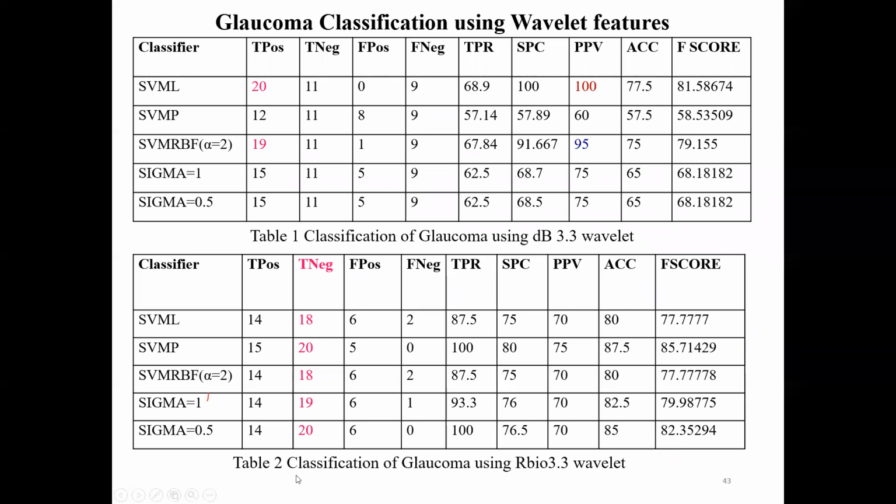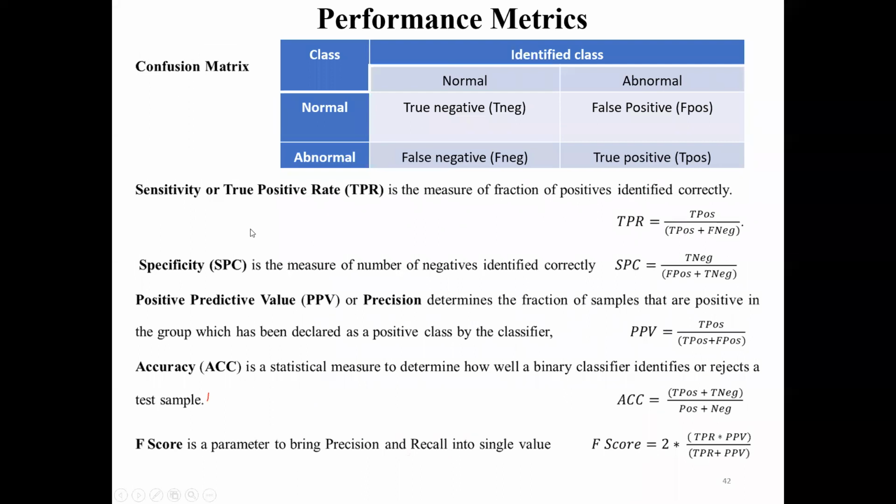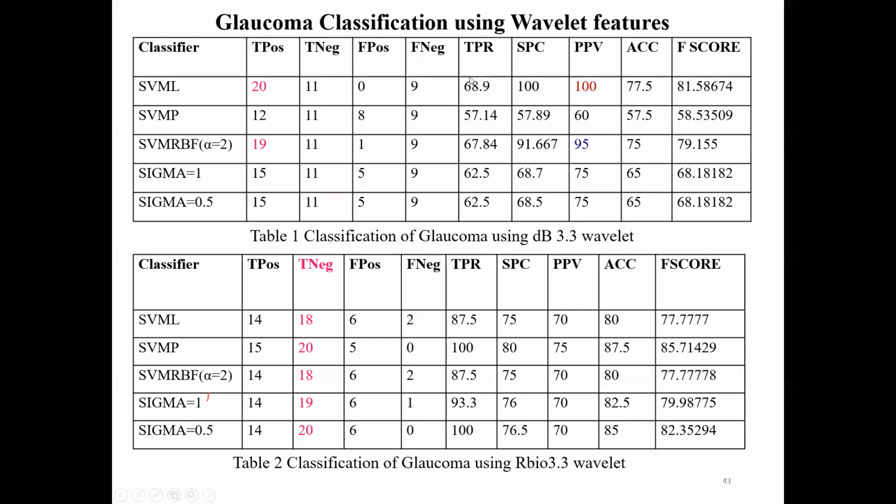And this tabular form shows the classification of glaucoma using RBIO, reverse biorthogonal 3.3 wavelet, as we already discussed. You may observe true positive, true negative, false negative, TPR as the true positive rate, specificity, PPV, positive predictive value, accuracy, and F score, everything is mentioned here.